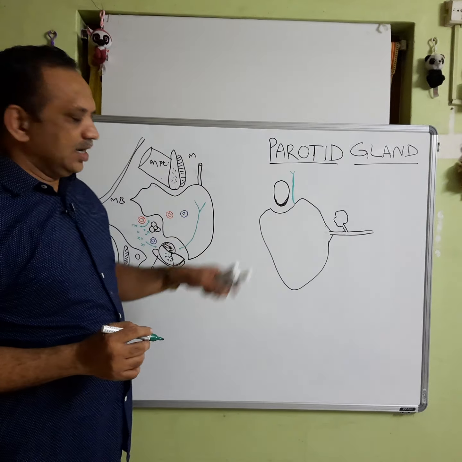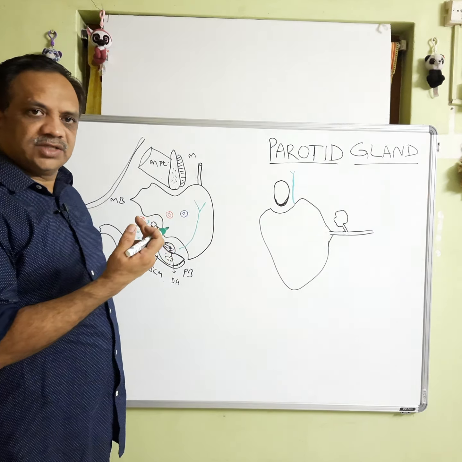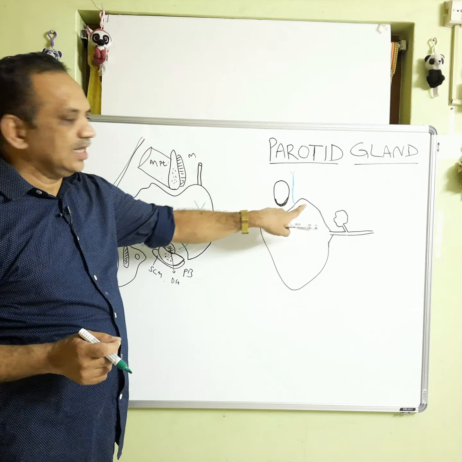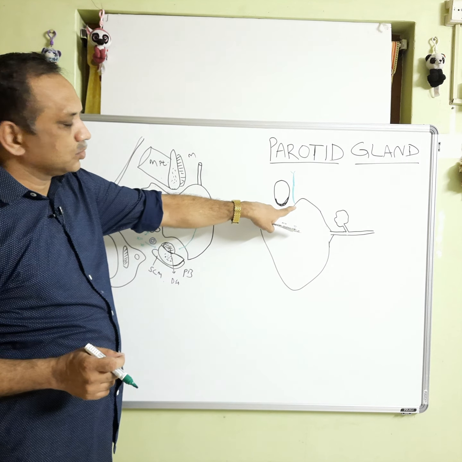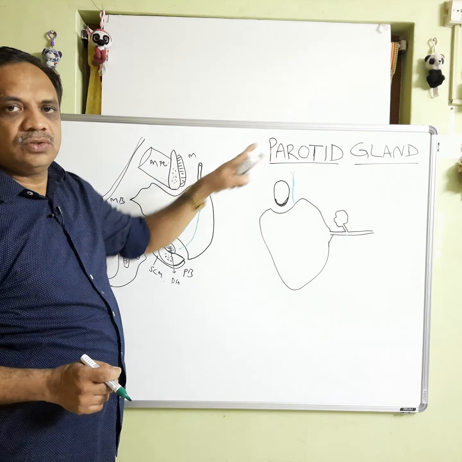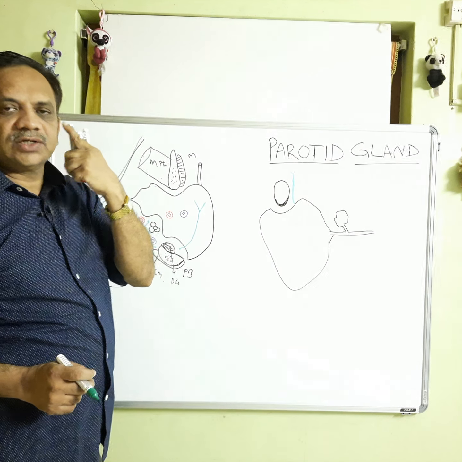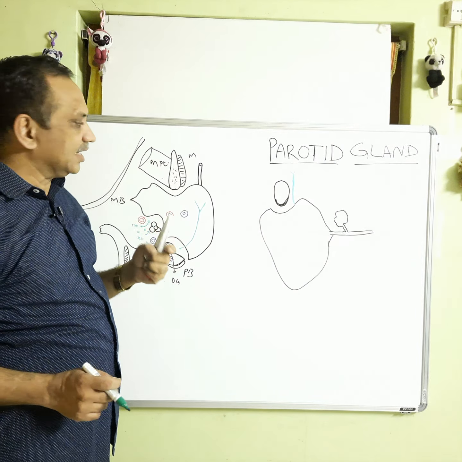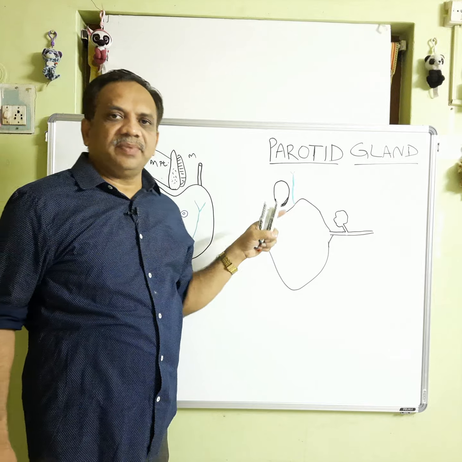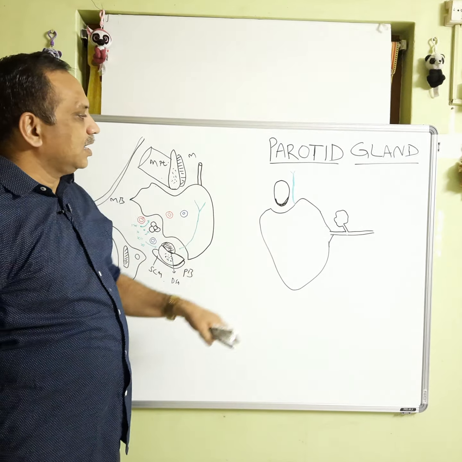The auriculotemporal nerve, after winding around the temporomandibular joint, passes through the false capsule of this gland and then emerges through the upper border or the base of the gland to supply the temporal region and the front of the auricle, including the external acoustic meatus. It also carries the preganglionic secretomotor fibers to this parotid gland.